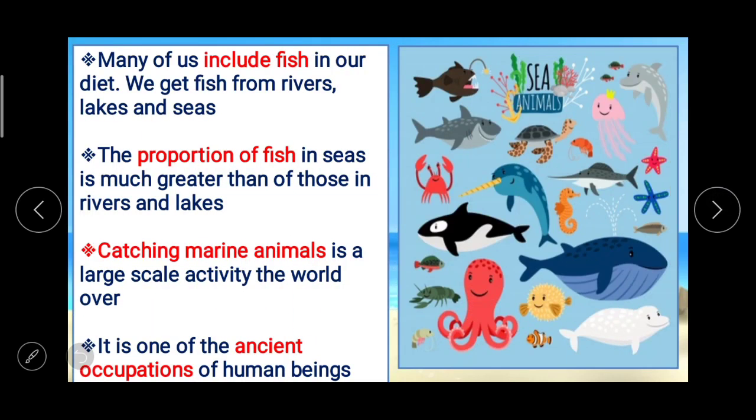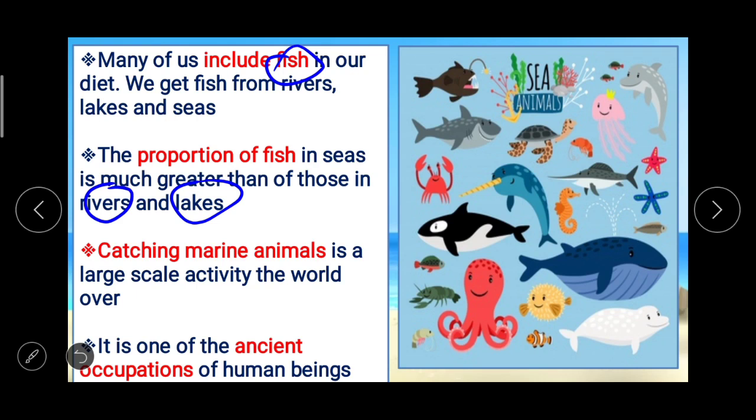Now the next thing, many of us include fish in our diet, and we get fish from rivers, lakes and seas. The proportion of fish in seas is much greater than in rivers and lakes, and it is the natural thing, क्योंकि जो एरिया होता है सीज का, उसे अगर हम बाकी वाटर सोर्सेस से कंपेयर करेंगे तो वो बहुत बड़ा होता है, और उसकी वजह से proportion of fish भी वहाँ पर ज़्यादा होते हैं.